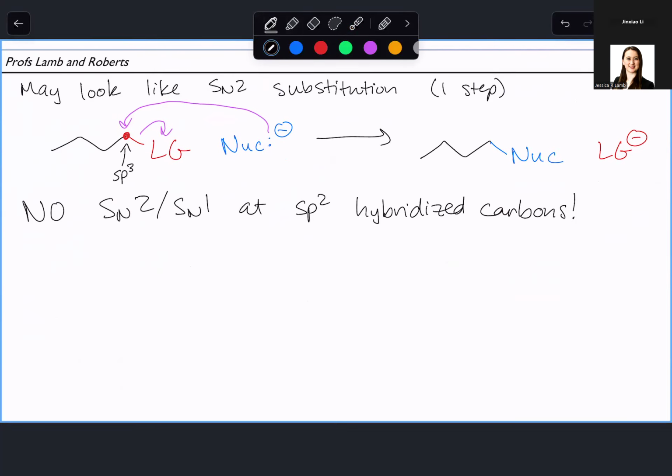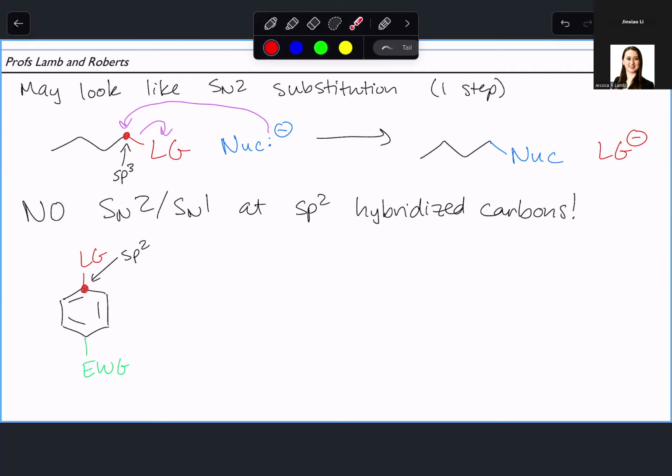Whereas for this nucleophilic aromatic substitution, we have our leaving group here. We have our electron withdrawing group. Our electrophilic site is here. That electrophilic site is sp2 hybridized, right?